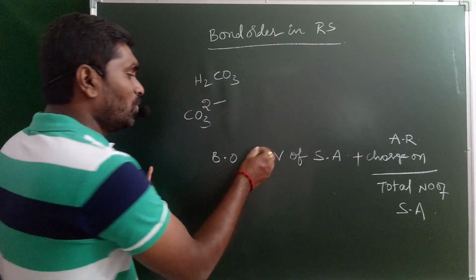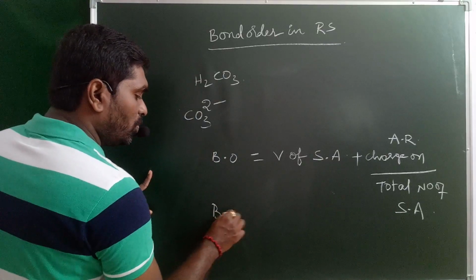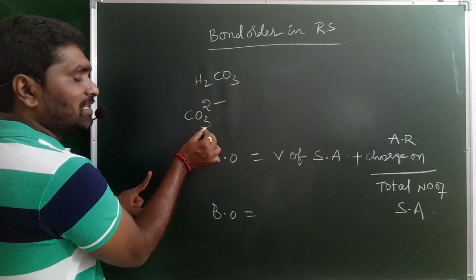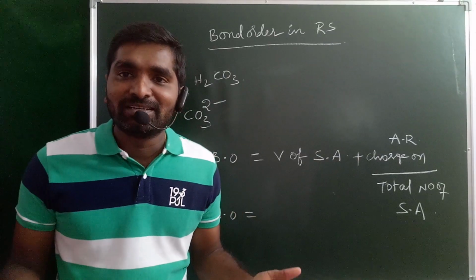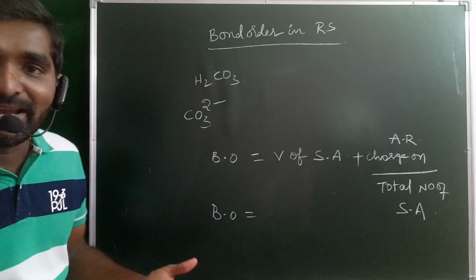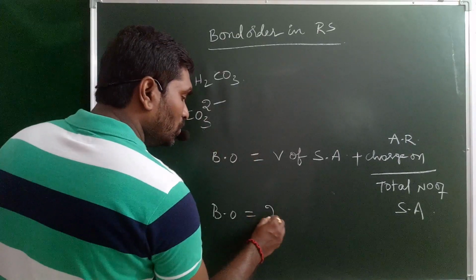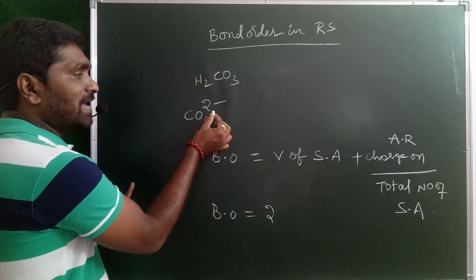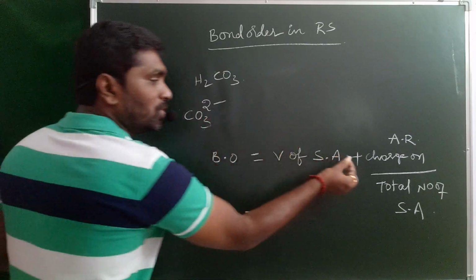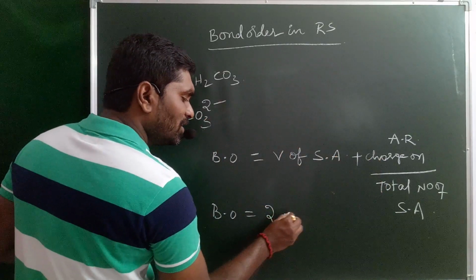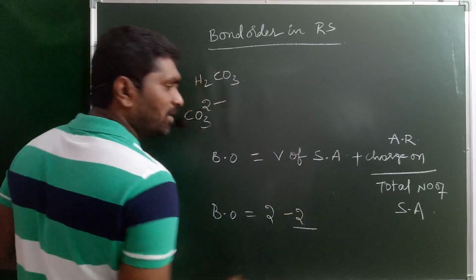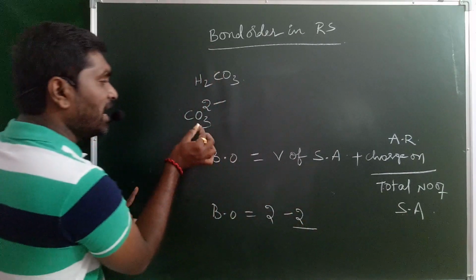So what about this one? Bond order equals the oxygen valency, which is bivalent, so 2. The charge on the acid radical is nothing but -2, so plus into minus, -2, divided by the total number of surrounding atoms.